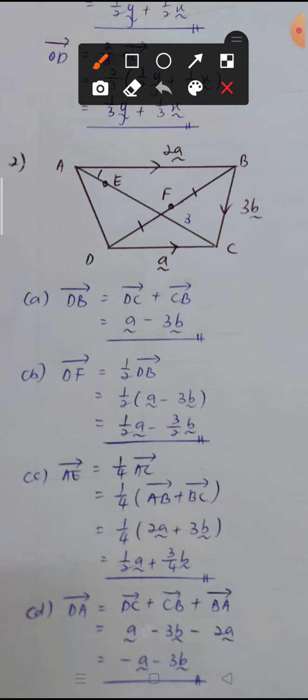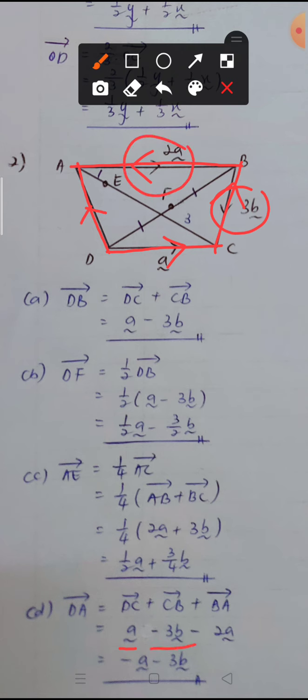Okay, done. We're going to have vector DA. Where is vector DA? Vector DA is here. So we find the way to get vector DA. Firstly, we have vector D to C, C to B, and B to A. Vector DC is in the same direction, so we have vector A. Here we have the opposite direction, so minus 3B.